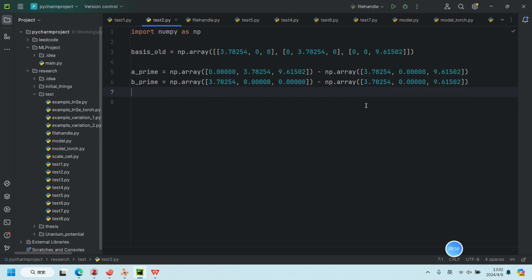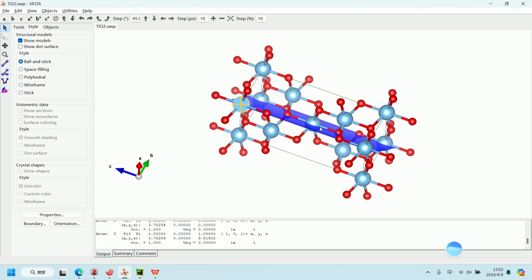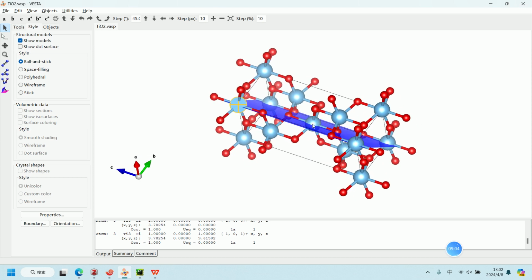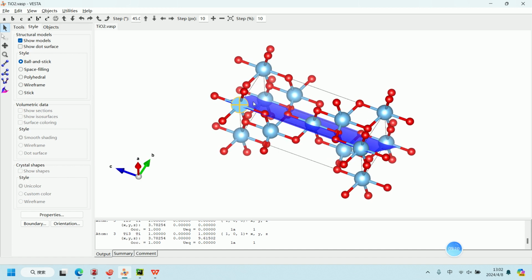Okay, good. Now we need to determine the C prime. The ideal case is for C prime to be perpendicular to this plane, right? But it is not necessary.